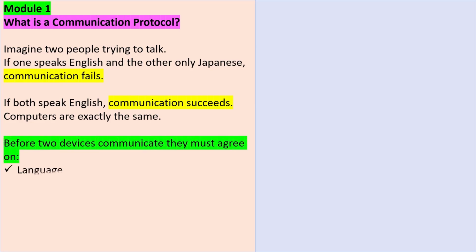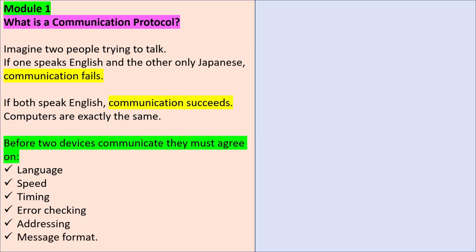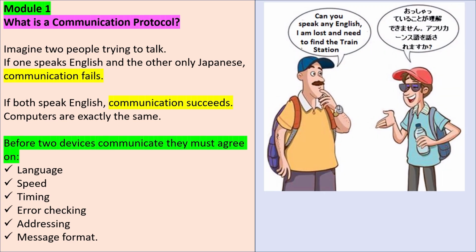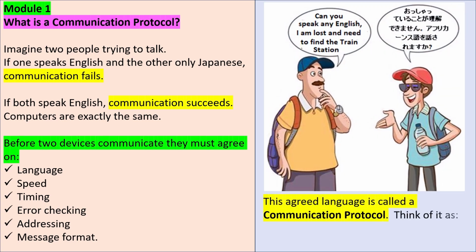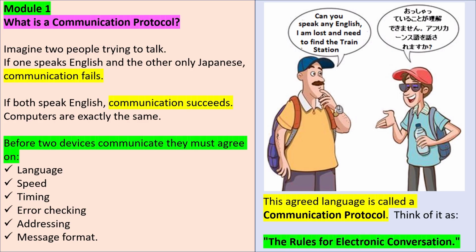Before two devices communicate, they must agree on language, speed, timing, error checking, addressing, and message format. This agreed language is called a communication protocol. Think of it as the rules of electronic conversation.